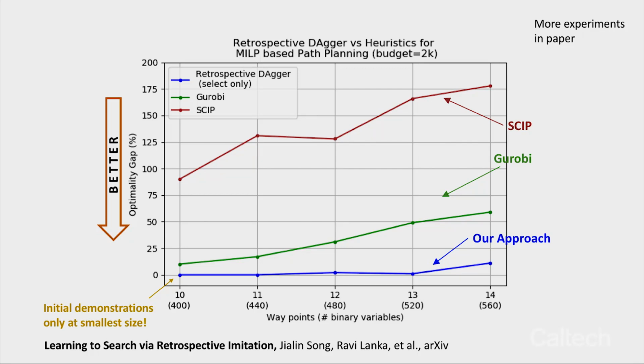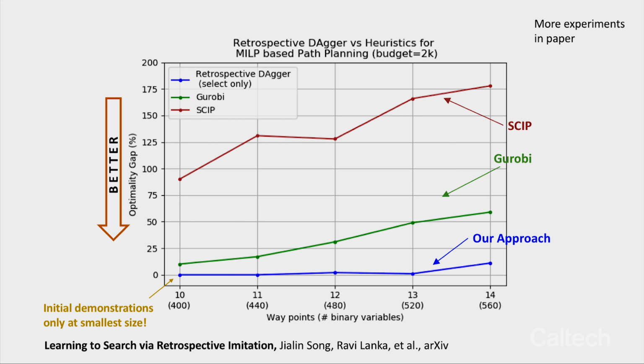and so here are more empirical results. On the x-axis, we have the number of binary variables which is equivalent to saying the hardness of the problem, and on the y-axis we have the quality of the solution.